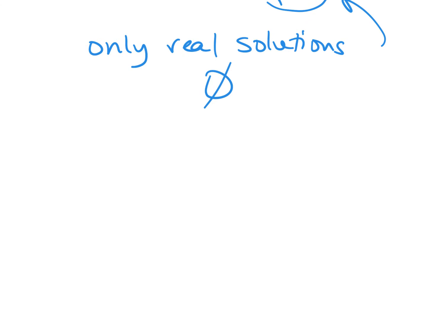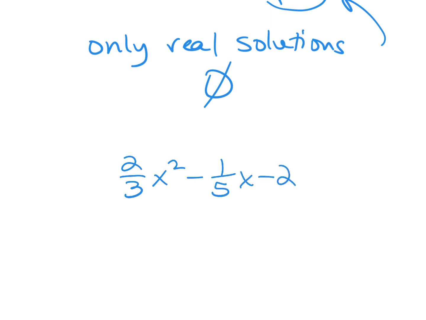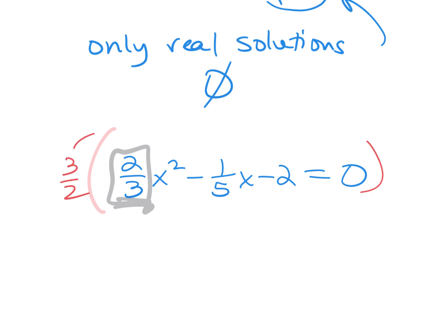So just to show you, if I gave you something like 2/3 x squared minus 1/5 x minus 2 equals 0, to get rid of this fraction, what you would really be doing is multiplying everything by the reciprocal. So you would distribute a reciprocal, and that would get rid of it. But then the process is the same.